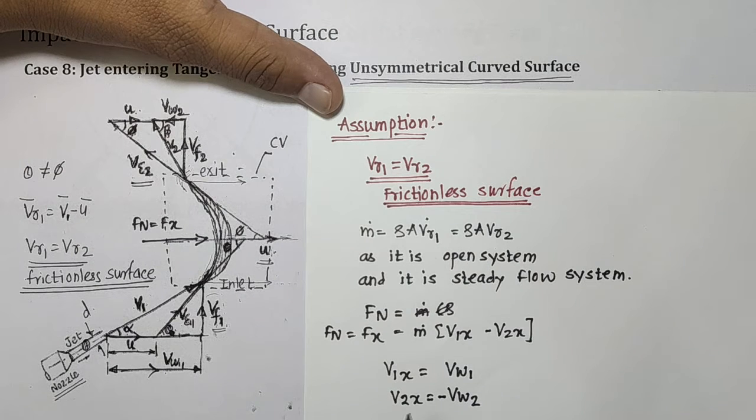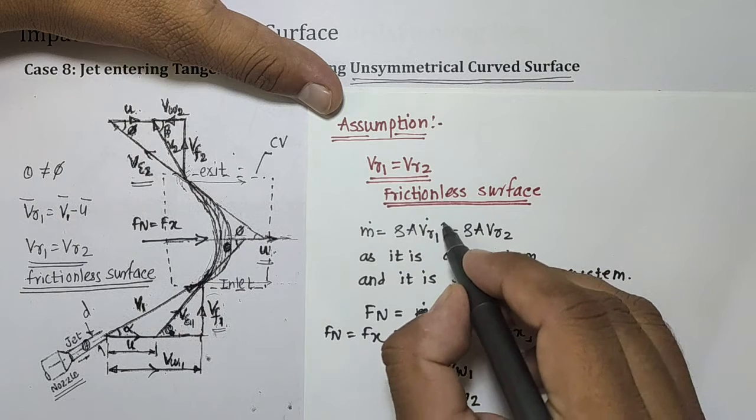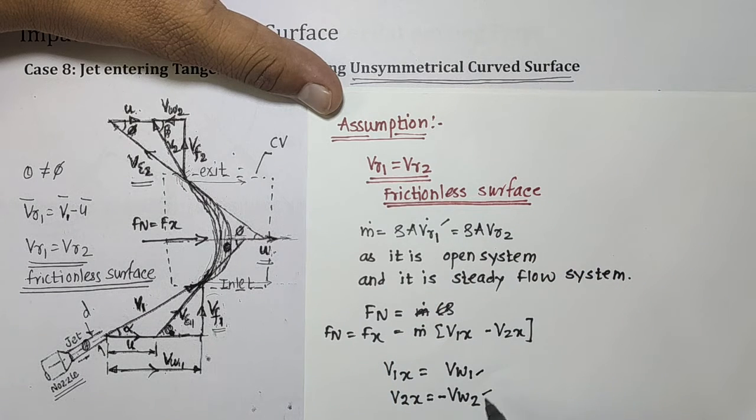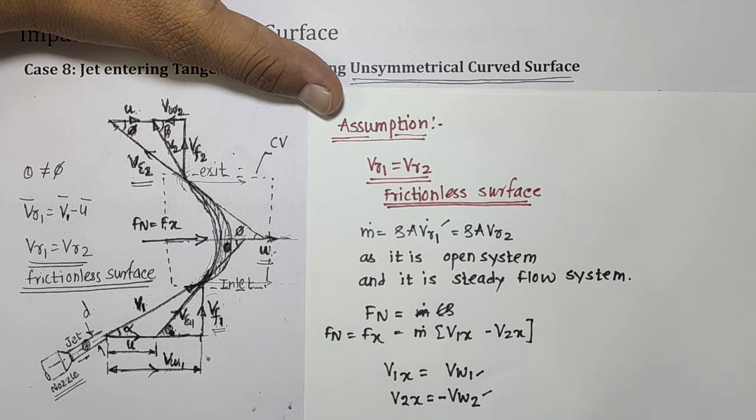So rearranging that equation, if we put all these values in this equation, Fx or Fn will be like this: rho a Vr1 (Vw1 minus of minus Vw2), that is, rho a Vr1 (Vw1 plus Vw2). This will be the force that we call the normal force.